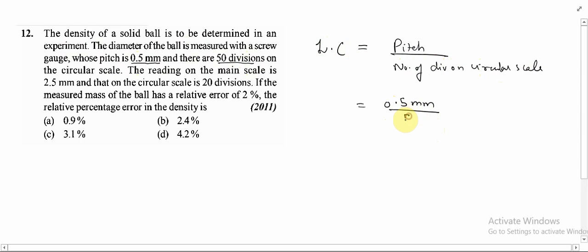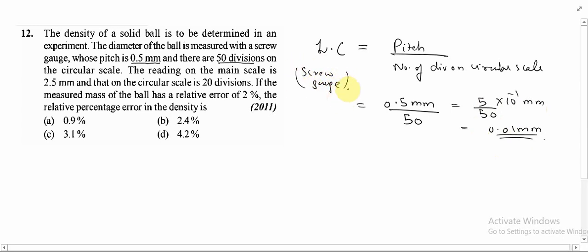So this will be 0.5 divided by 50, or 5 by 50 into 10 to the power minus 1 millimeters, or 0.01 millimeters. This is the least count of the screw gauge.